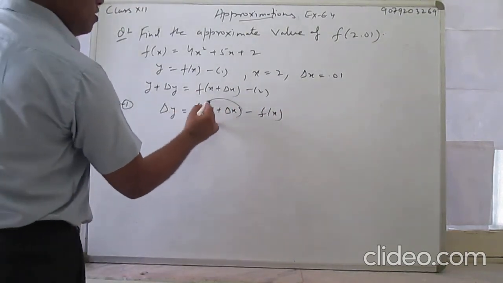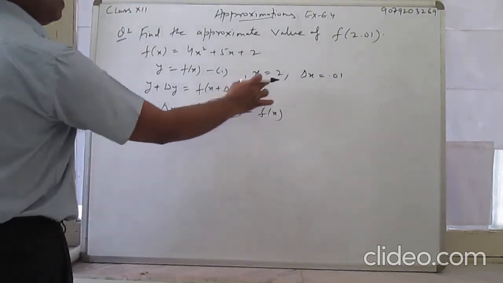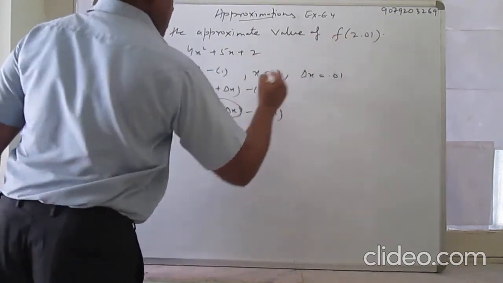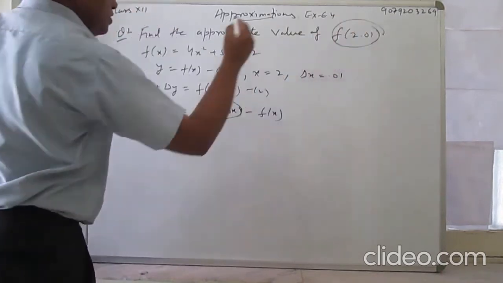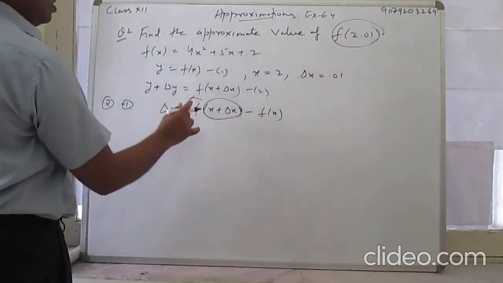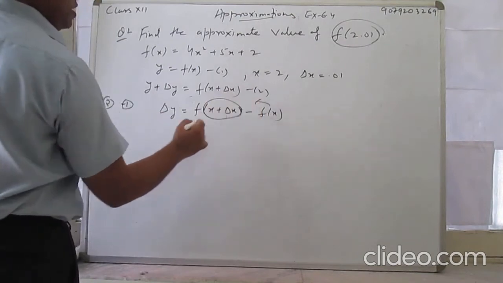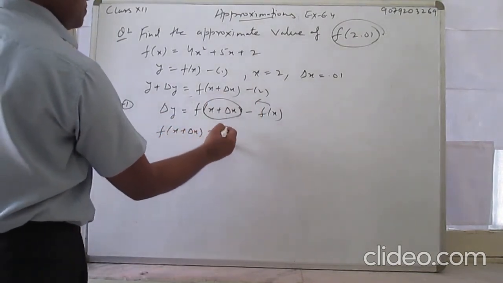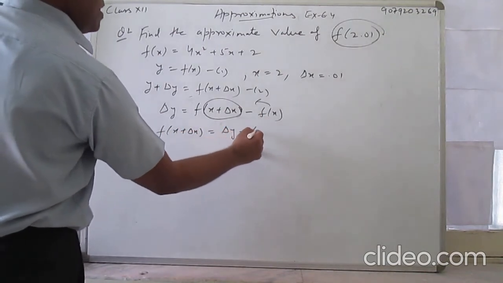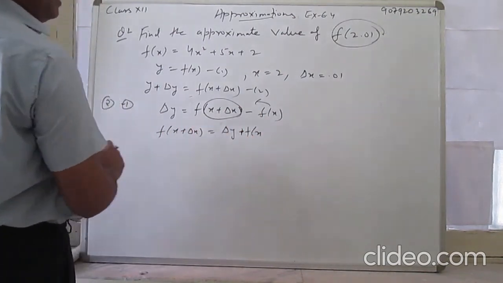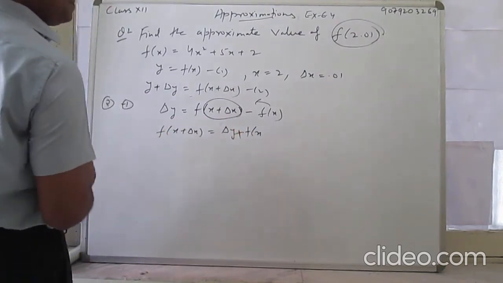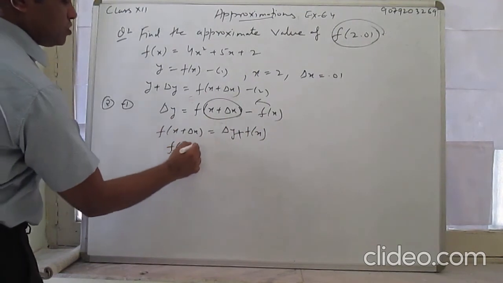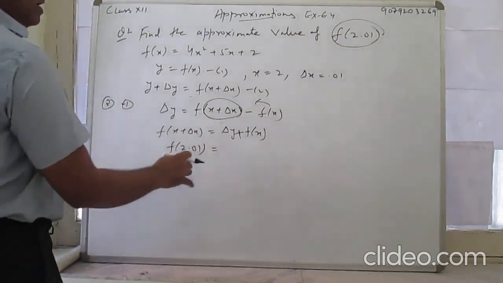Now what is the value of this? X is 2 and delta x is 0.01, so f(x plus delta x) is f(2.01). Transposing, f(x plus delta x) is equal to delta y plus f(x). Now what is the value of f(2.01)?